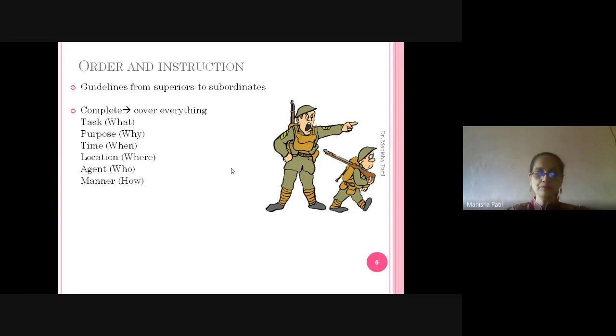And how you will join the Google Classroom? Either through your email or by typing the code. So there are two methods. That is how. So when an order and an instruction is given, it should cover 6 points. Task, purpose, time, location, agent, and manner.